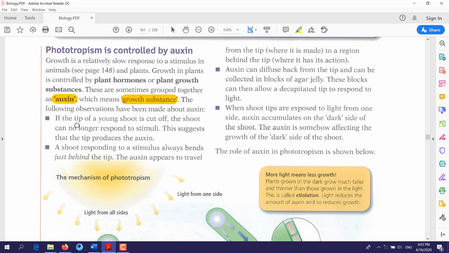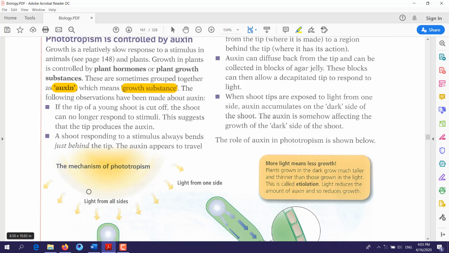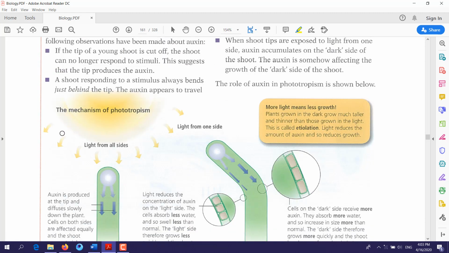But how does this hormone work in the plant? So here we have the mechanism of phototropism. Firstly, let's give the definition again. Phototropism is the growth of a plant or a part of a plant in response to light.